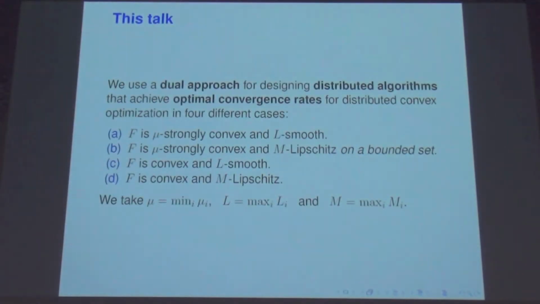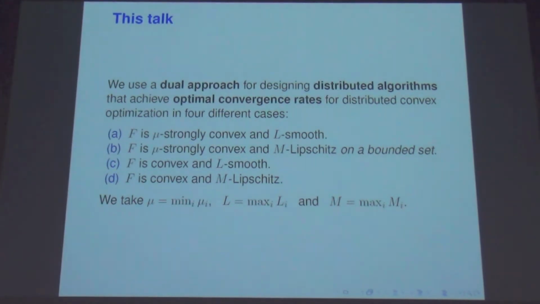So in this talk, I'm going to show a couple of results, which is for 4 cases that we have explored. And we are going to propose optimal algorithms in the sense that we show that the number of oracle calls that you require for each of these function classes is optimal up to logarithmic terms.